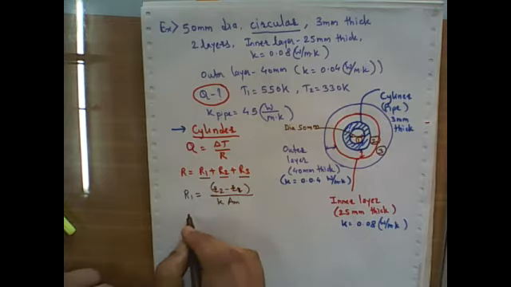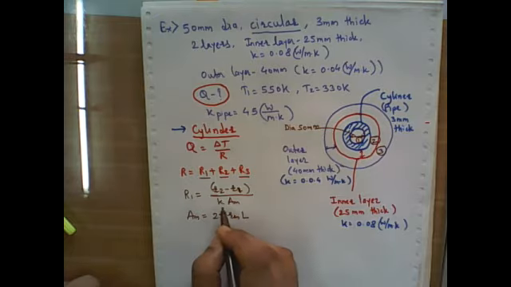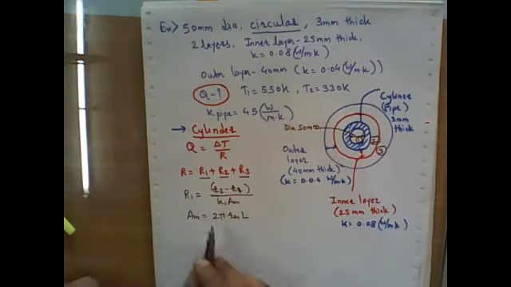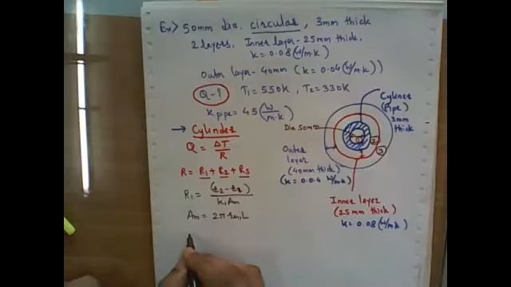Now we know that the log mean area for the cylinder is 2 pi r_ML, right? So this K can be represented as a K1 for this R1 case and for this r_M1. So what is the log mean radius for the cylinder again?